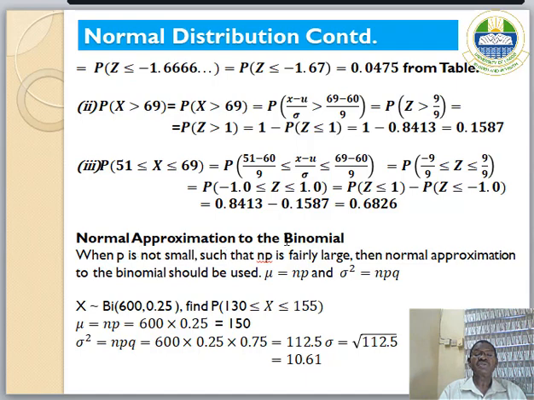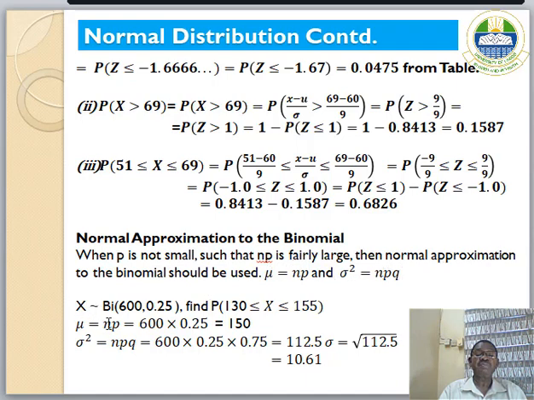Normal approximation to the binomial. We have told you before that the Poisson distribution can be used to approximate the binomial, provided p is very small. But when p is not very small, look at here, p is 0.25 and n is large, we use the normal approximation. Now, if we are using the normal approximation, what is the mean of this normal distribution and the variance? The mean is np and the variance is npq.